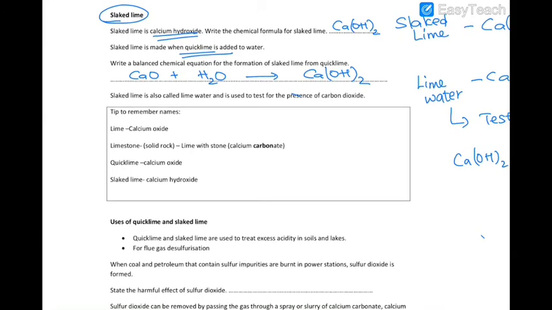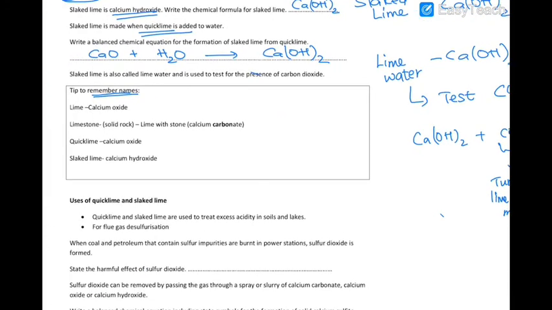Now you have to be able to remember the different names of the lime substances. I'll show you a little trick that I used. Now lime and quicklime are the same. So quicklime, if you write calcium oxide, CaO, you can change that O to a Q. So this is quicklime.